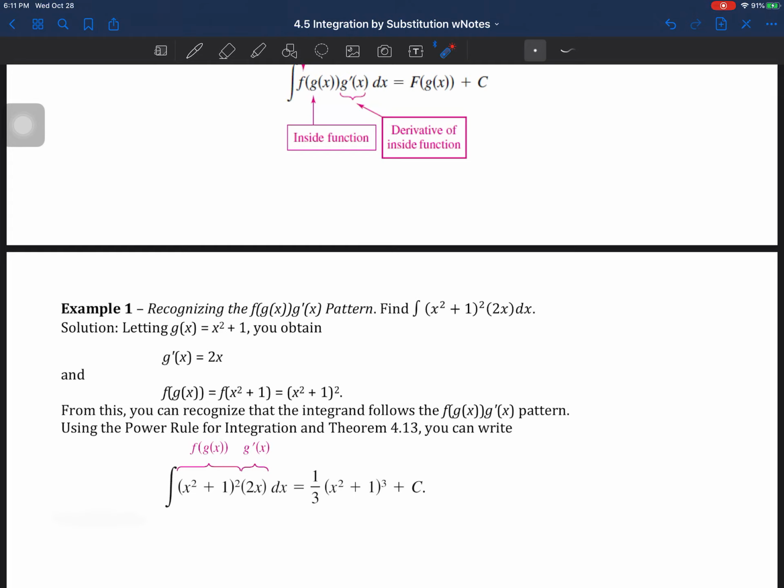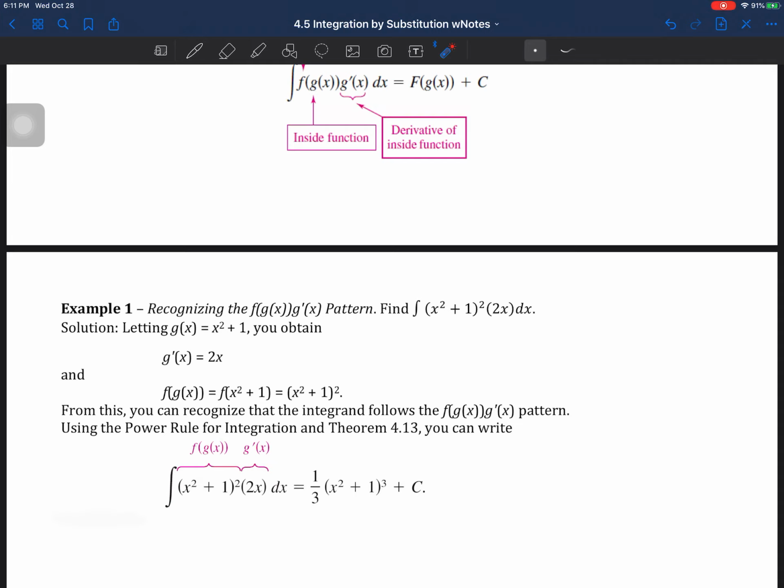So in the first part, I recognize that there is a function inside a function, and the outside function happens to be the square. So the square is the f function, and inside it you have x squared plus 1, which happens to be the g function. Then you can check whether you actually picked the right functions.